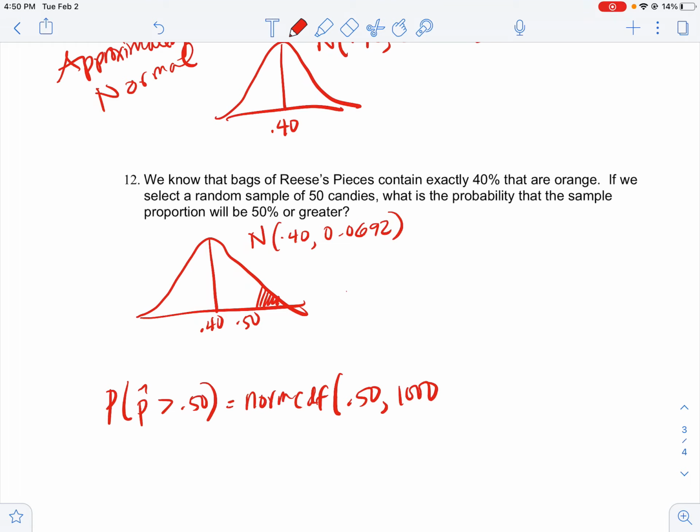Your mean is 0.40, and your standard deviation is 0.0692. Click enter on your calculator and you'll get 0.0742.